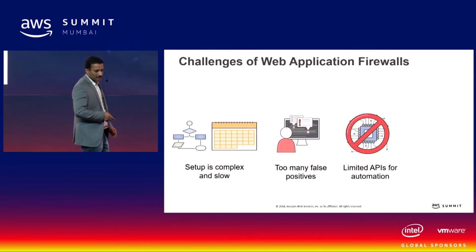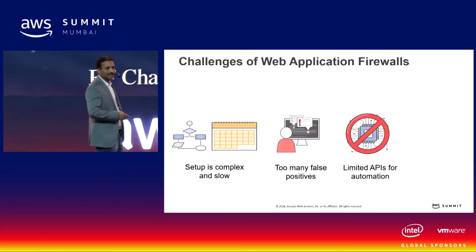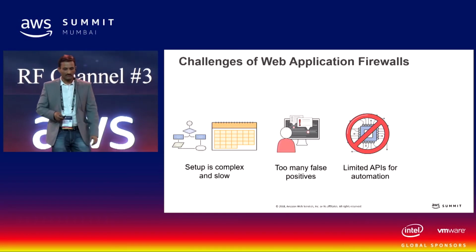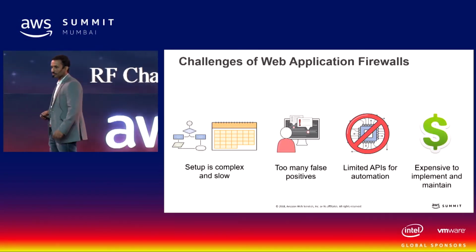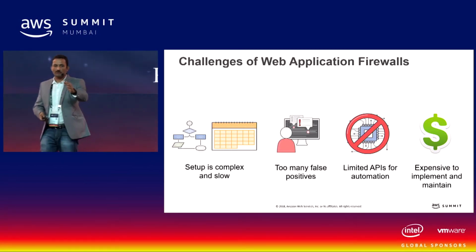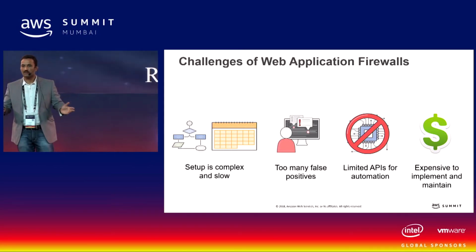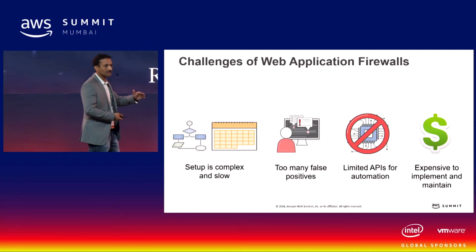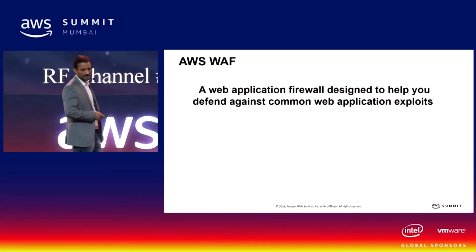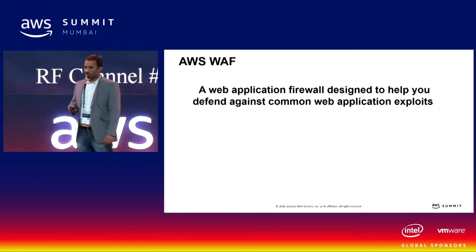And then there is limited API integration most of the time, and it's expensive. Web application firewalls are expensive because you have to provision for peak. You cannot make it auto scaling, so you go buy the biggest box which will take your traffic at peak time. So there comes AWS WAF.